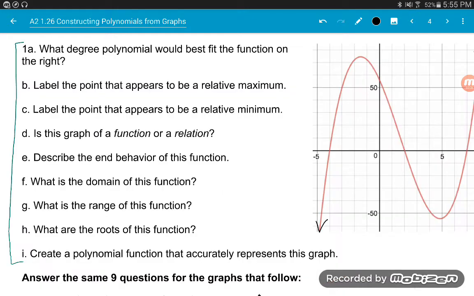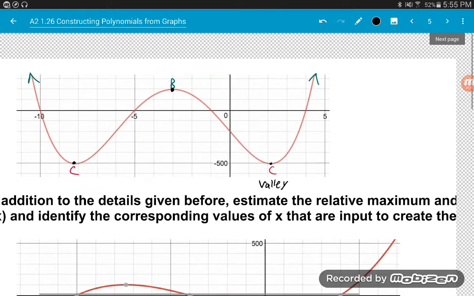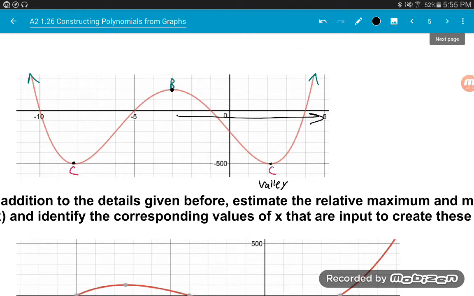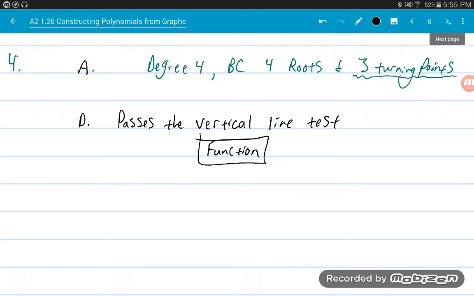Part E. Describe the end behavior of this function. The end behavior. So as we go to the right, this function goes up. That means as x approaches infinity, f of x approaches infinity.